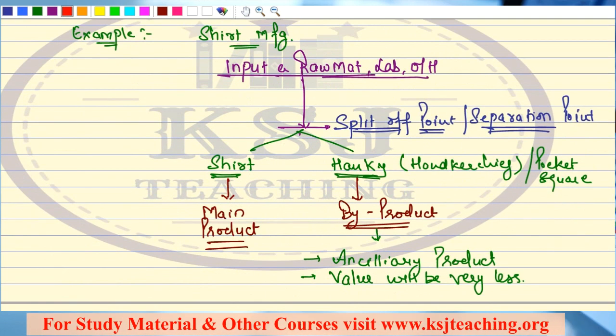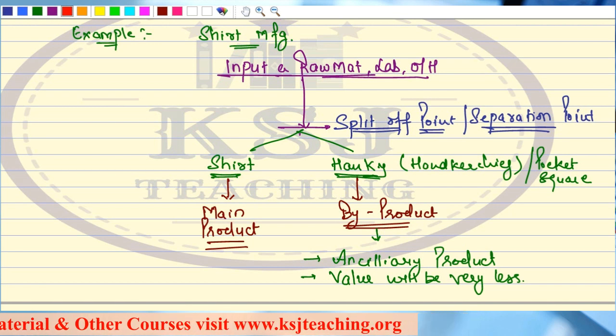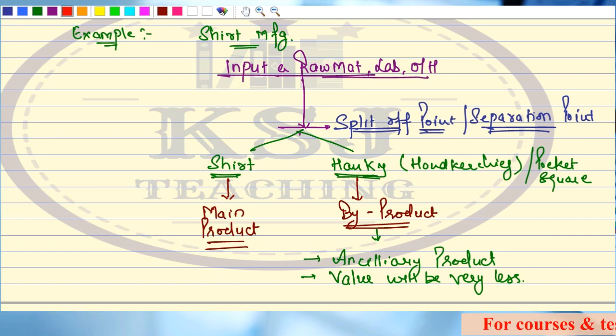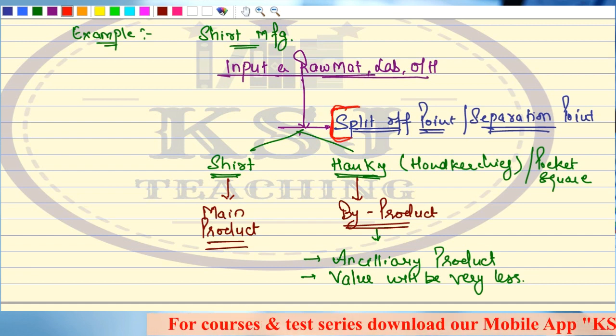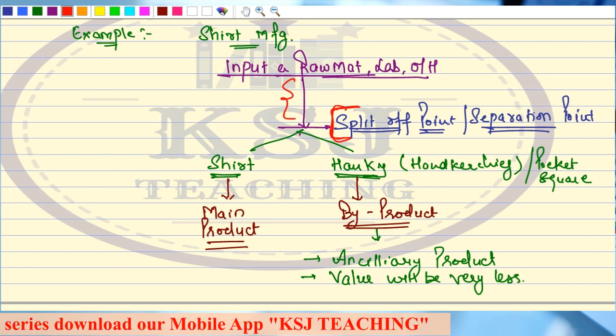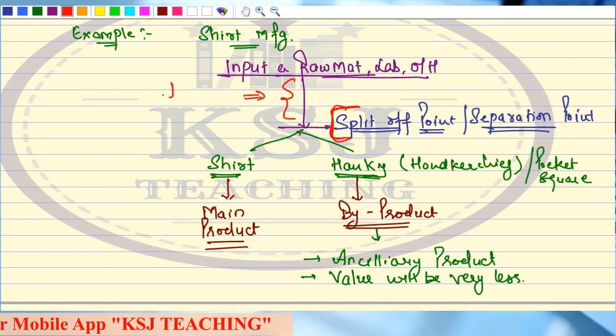What is a byproduct? It is an ancillary product manufactured along with the main product. The value of this product is very less as compared to the main product, right? And always remember the split off point, because in the questions we'll be using this, that the cost up to the split off point is this. Whatever cost is incurred here is known as joint cost.